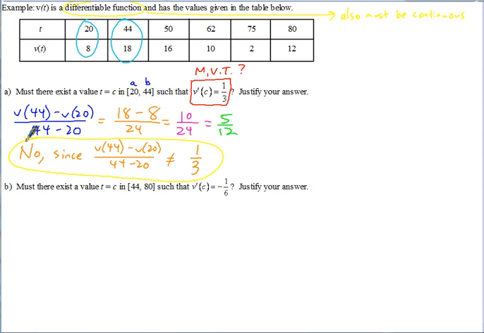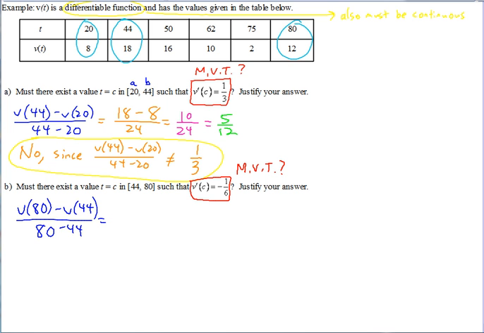Now let's look at another interval from 44 to 80. From 44 to 80 right there. Must there exist a value t equals c in the interval of 44 to 80, such that v prime of c equals negative 1/6. So again, since it's not 0, we're looking to see if the mean value theorem applies. So let's calculate the same thing, except now we have a different interval. v of 80 minus v of 44 over 80 minus 44.